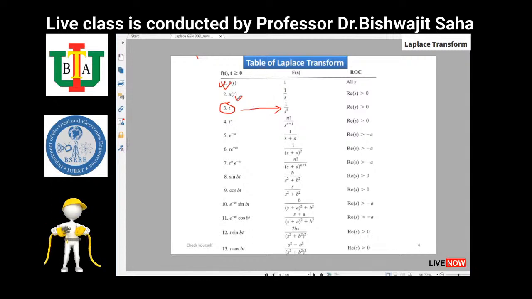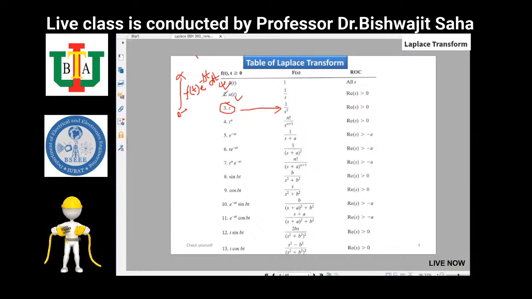Have you proved these formulas in Math 197? The Laplace transform is the integral from 0 minus to infinity of f of t e to the power minus st dt. This is the formula of Laplace transform.